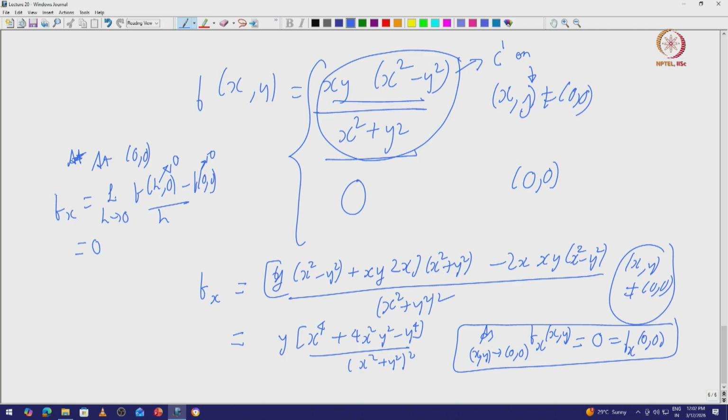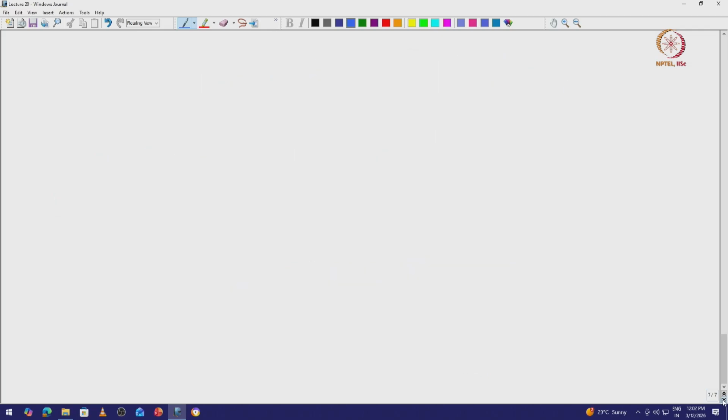Well, before we prove said claim, we can also differentiate with respect to y. We can use the usual quotient rule to differentiate with respect to y, and it will turn out that this is equal to y raised to 4 plus 4x square y square minus x raised to 4 divided by x square plus y square, squared.